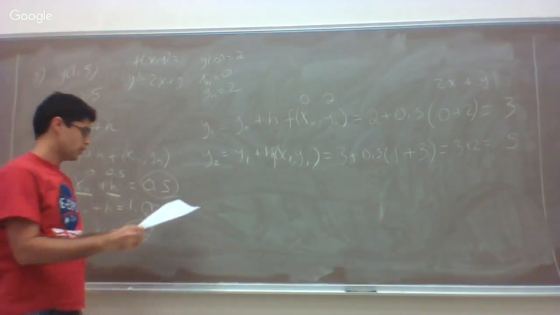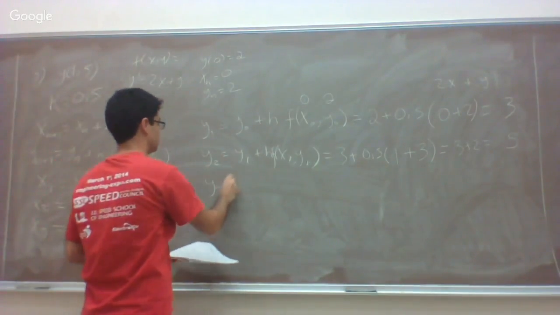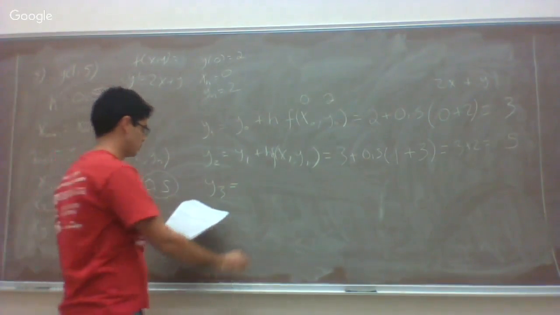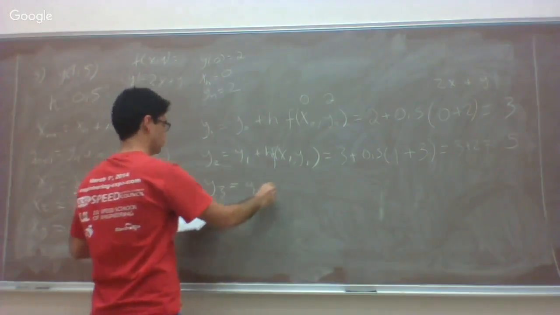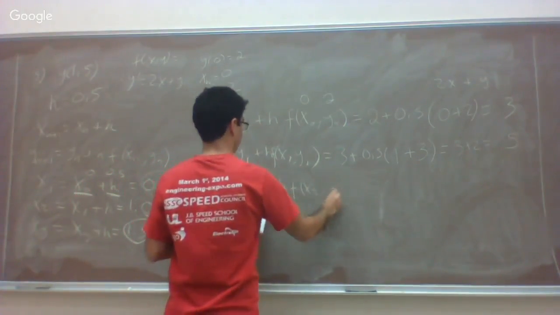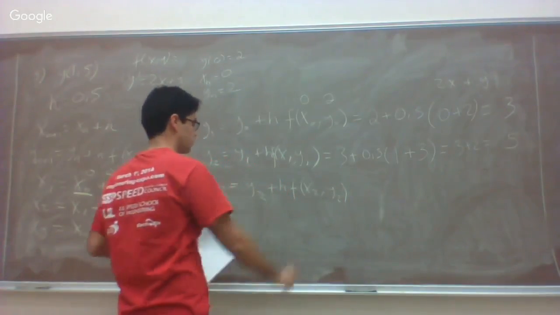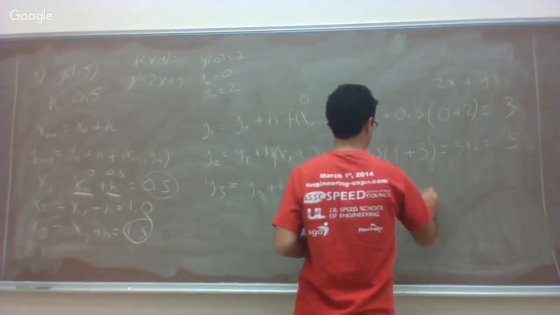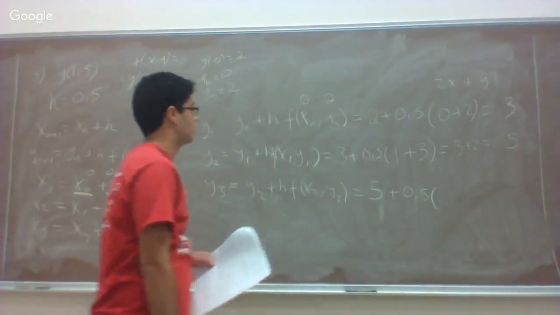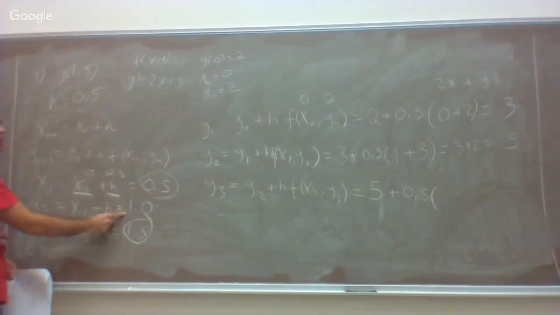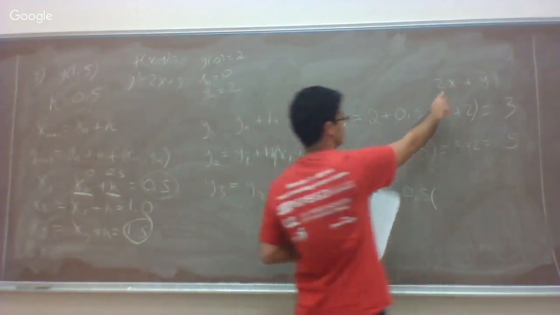Okay. And then my y sub 3 that I'm looking for is equal to y2 plus h times the function x sub 2 comma y sub 2. This is equal to y sub 2, which is 5, plus 0.5 times the quantity 2 times x2. My x2 value is 1. 1 times 2 is a 2.